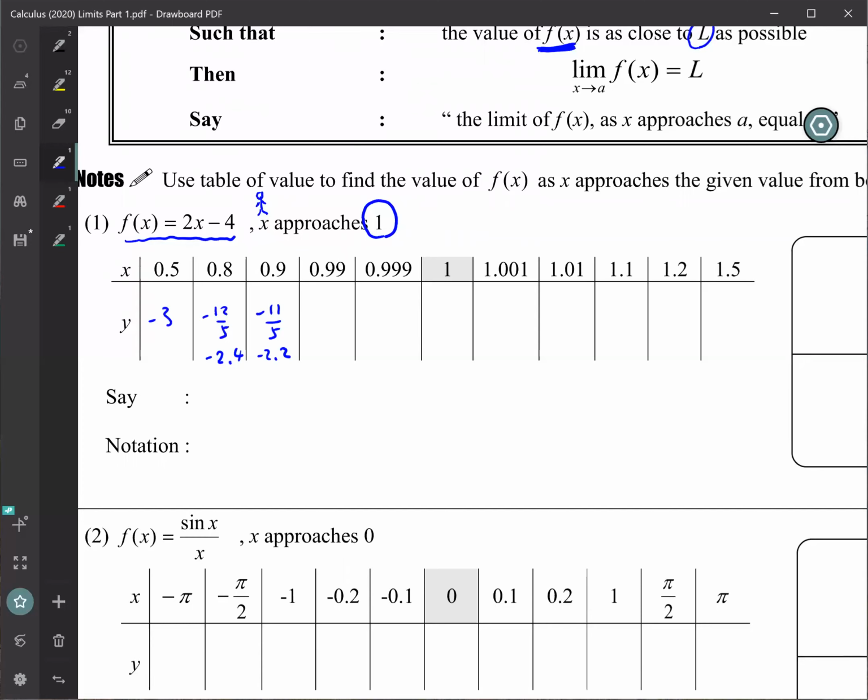Can you give me the next 2? Decimals as well? Yeah, decimals.